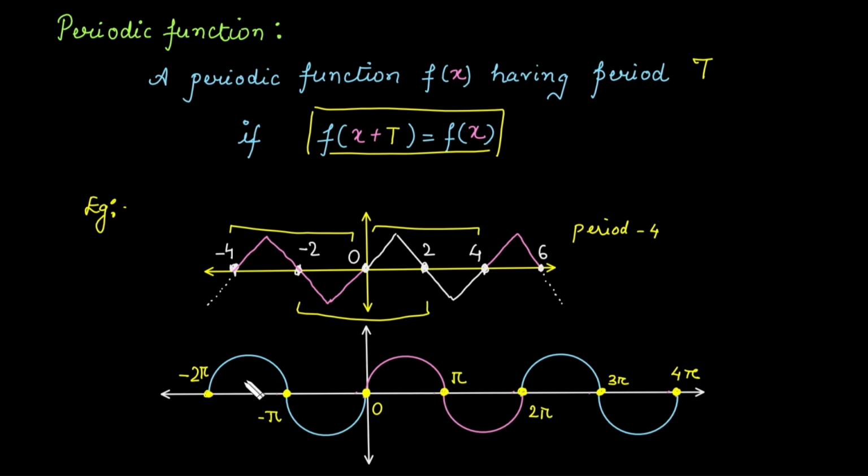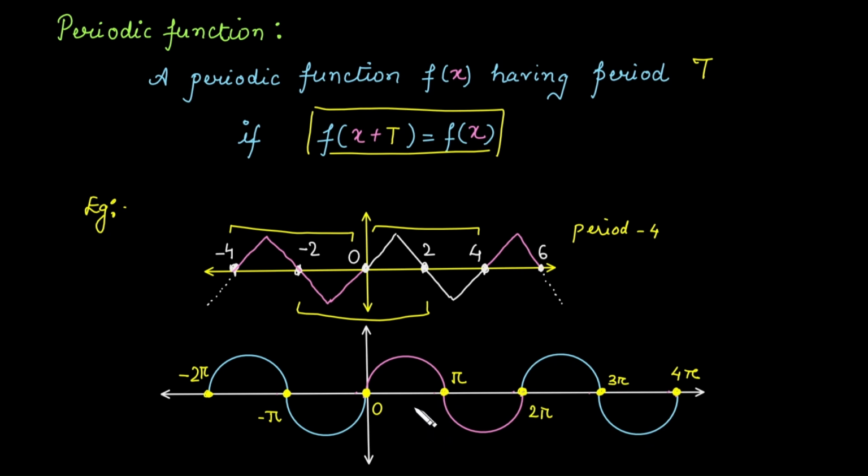Same in this case. Now you can observe from -2 pi to -pi we have an upper semicircle, and from -pi to 0 a lower semicircle. From 0 to pi we have an upper semicircle, and from pi to 2 pi a lower semicircle, and the same after that. So what interval is it repeating after?